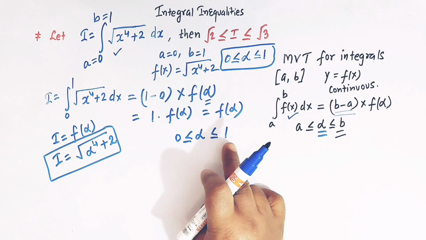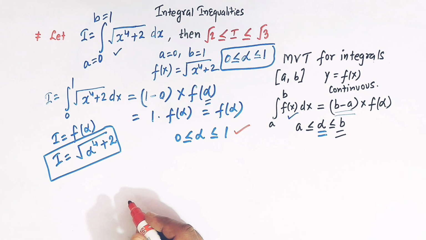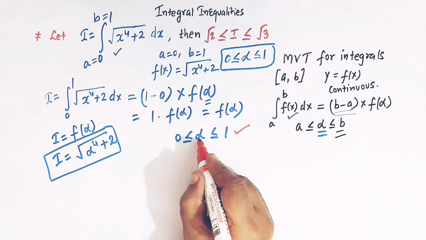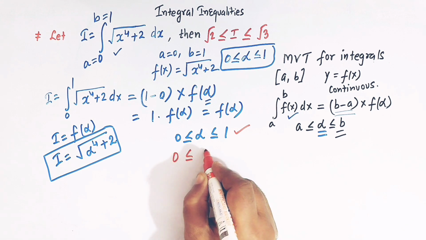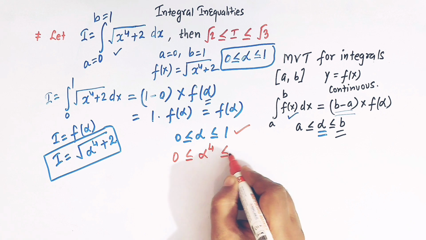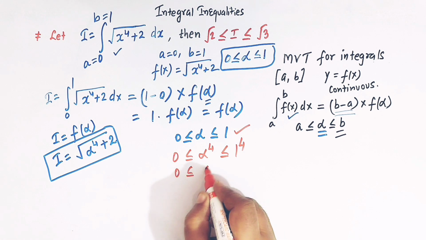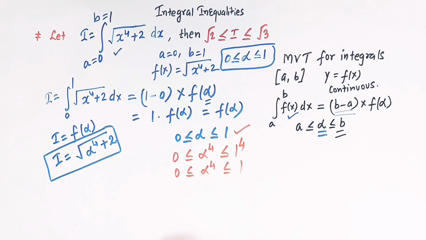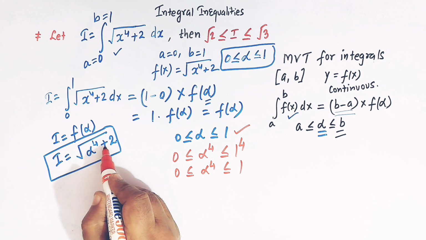So what we will do, let us take the fourth power of all the terms in this inequality, right? So raising these three terms to the power of 4, we have 0 here, then we have alpha raised to 4, and here we have 1 raised to 4. So this is 0, this is alpha raised to 4, this is 1, right? Now see here we have alpha raised to 4 plus 2.